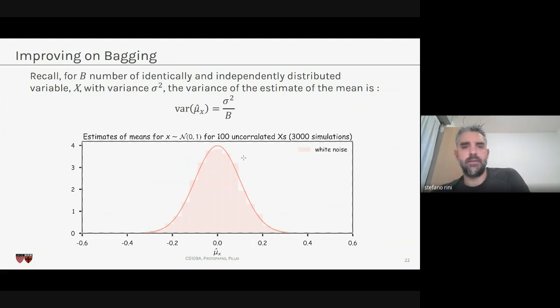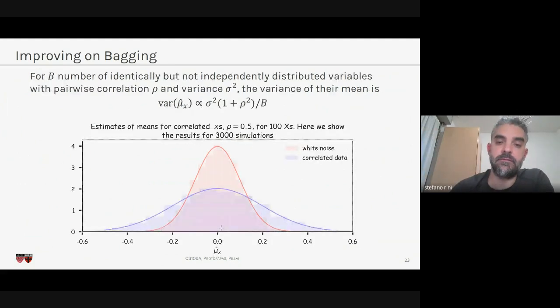Okay, so let's say that you have X that is normal 0, 1. You throw 100 uncorrelated X's, then you sum them all up together, and the value that you obtain will be around 0, because they all have mean 0, and the law of large numbers is kicking in.